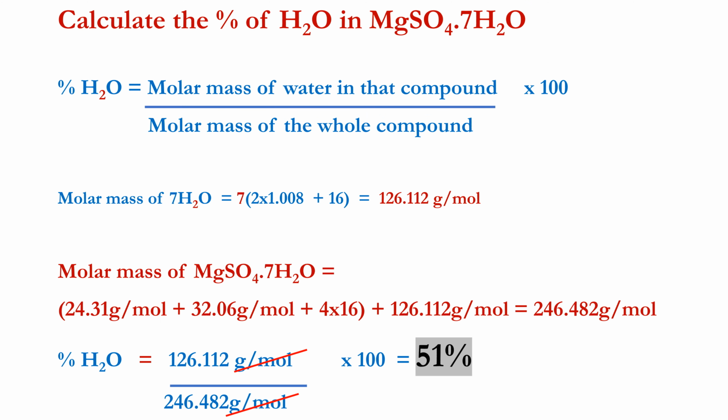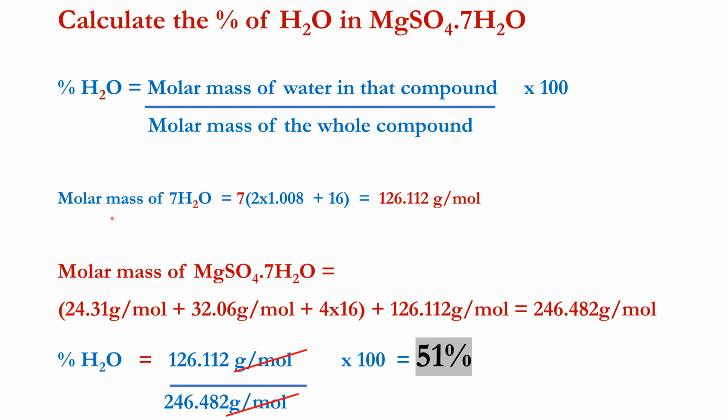Okay, so if you are asked to calculate the percentage of water in magnesium sulfate heptahydrate, you use the formula: percentage water equals molar mass of water in this compound, which is 7 molecules of water, divided by the molar mass of the whole compound, including 7 molecules of water, multiplied by 100.